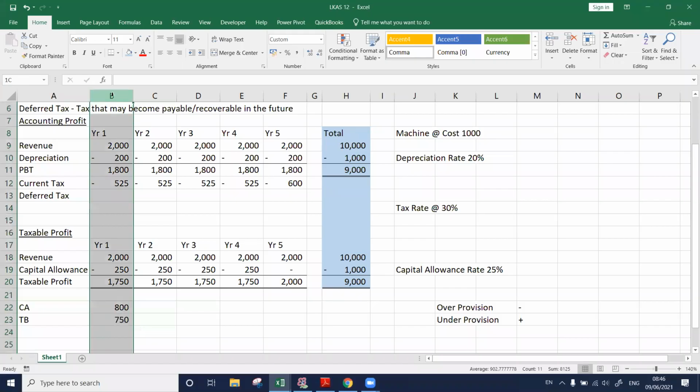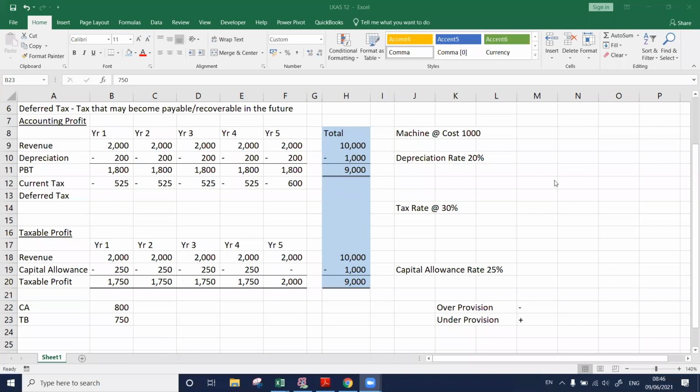At the end of year 1, the carrying amount is 800. The tax base is 750. So what is the difference? Yes, exactly. The difference is 50. There is a temporary difference of 50.